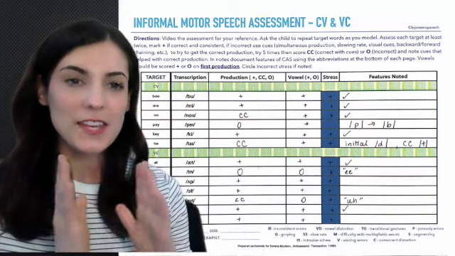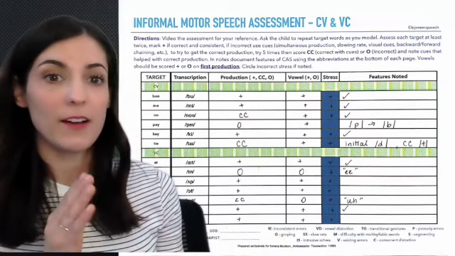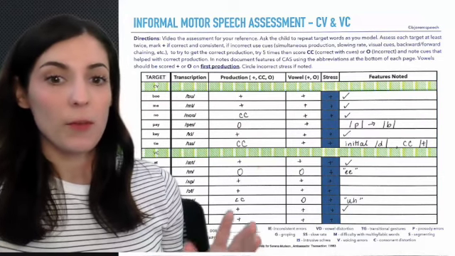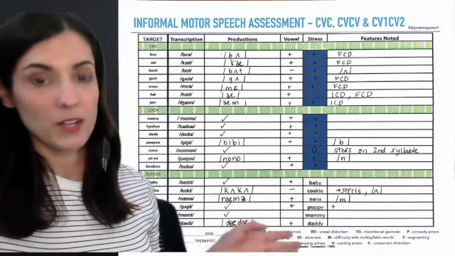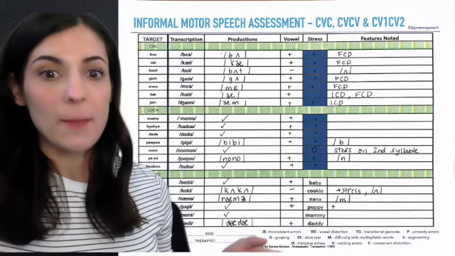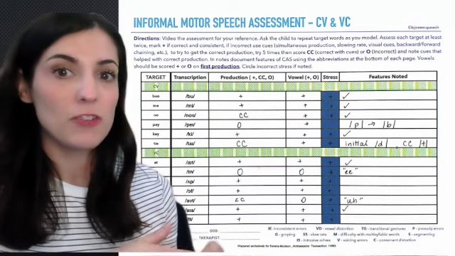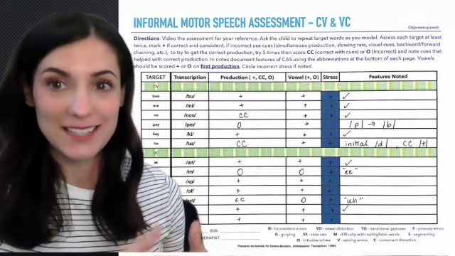Once you've finished the individual sound inventory check, then you move on to working on consonant vowel words, vowel consonant words, and moving all the way through to multisyllabic words, more complex words. But what I really like about doing this type of informal assessment is making sure to find out if your kid can actually produce the sound.